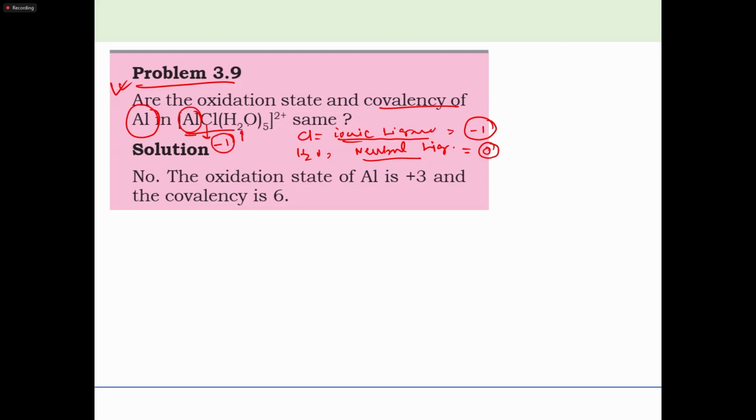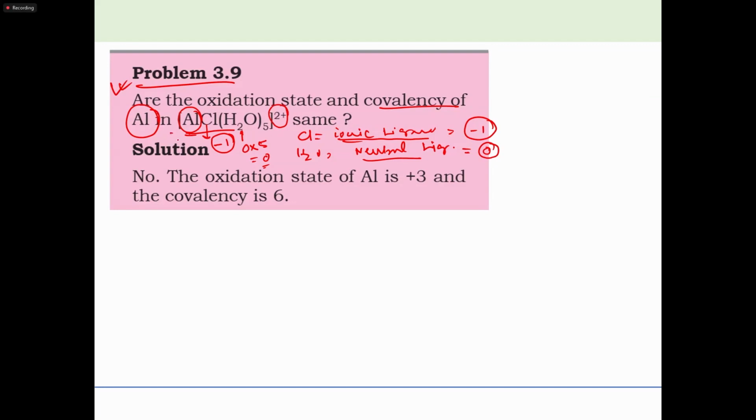But water is neutral, so it gives zero into 5, because there are 5 water molecules. There are also two anions present in the outer sphere, so the metal complex has a plus 2 charge.